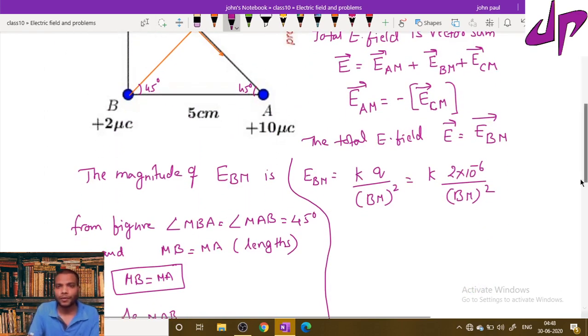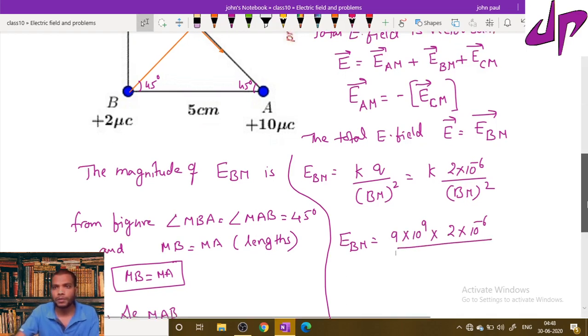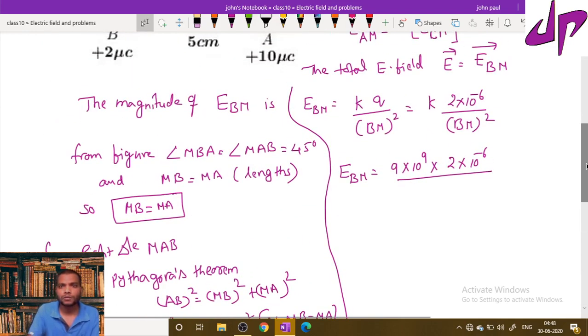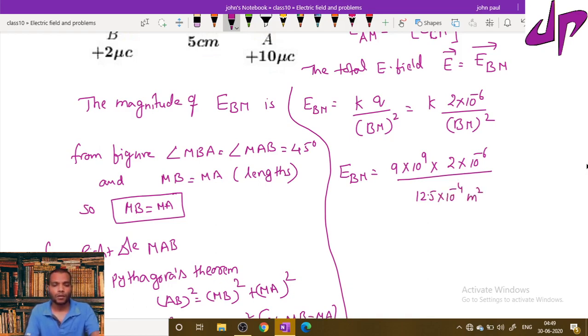So the electric field due to B at M equals K, 9 times 10 power 9, times 2 times 10 power minus 6, divided by the MB squared value, which is 12.5 times 10 power minus 4 meter squared.